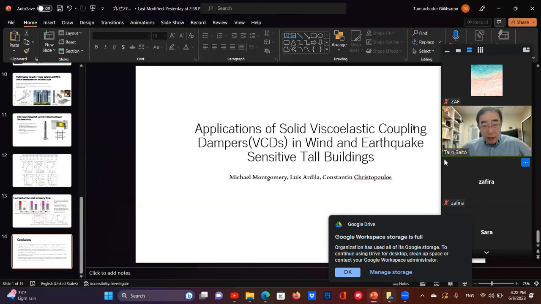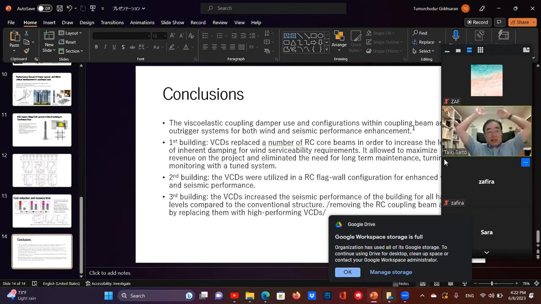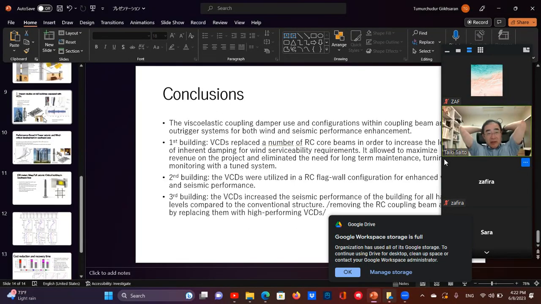So, here are some application examples of viscoelastic dampers. Could you also study some theory behind it? Theory, equations, and also please try to apply Stella 3D.